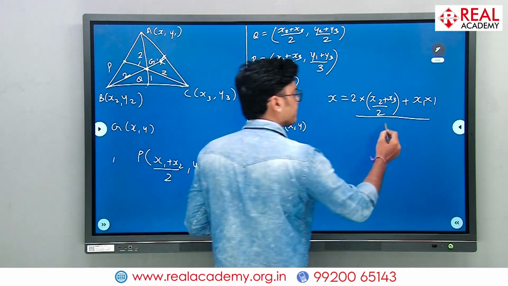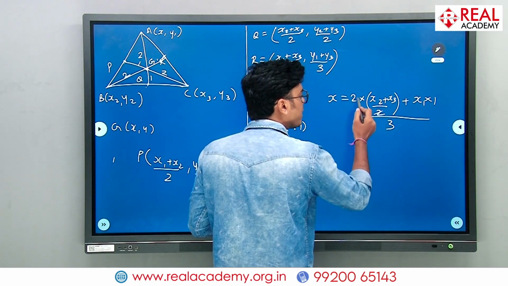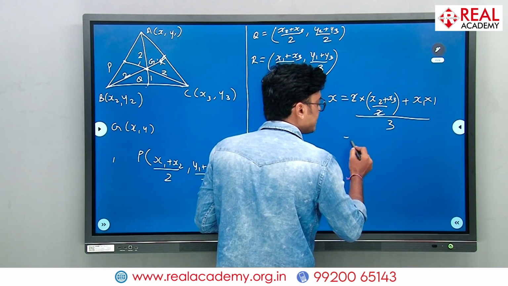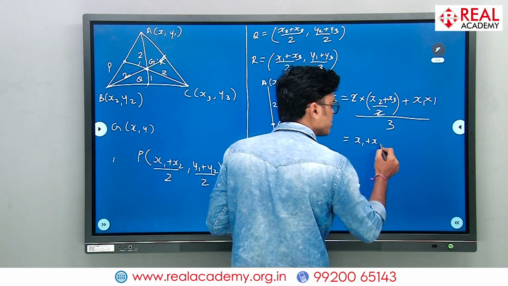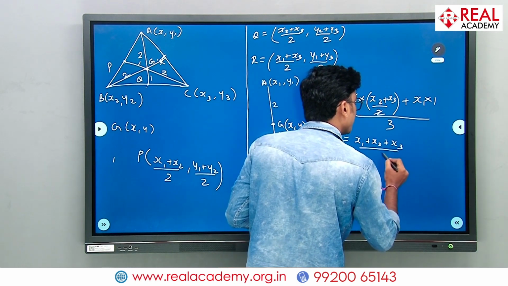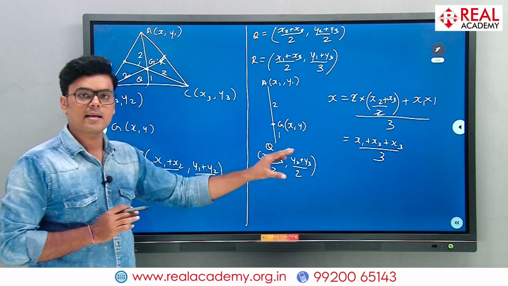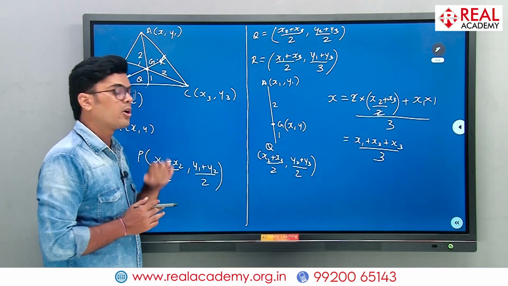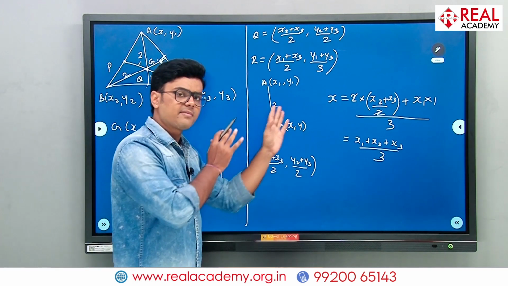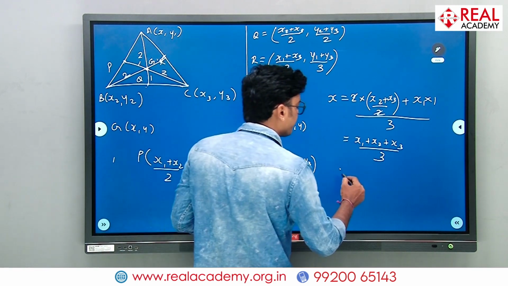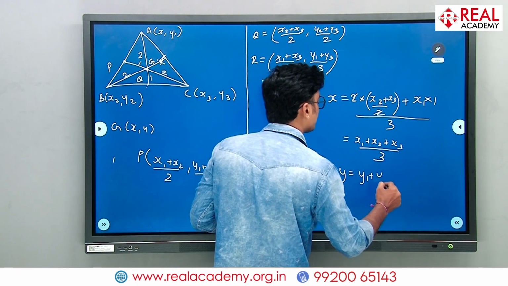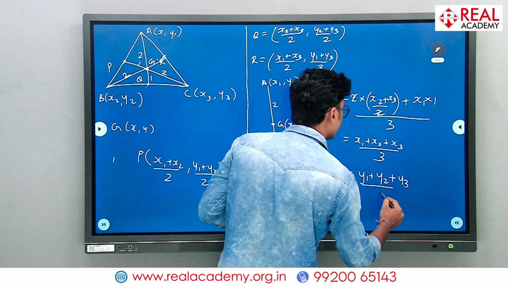That is 3. Now clearly 2 and 2 is getting cancelled. And the result is just x1 plus x2 plus x3 divided by 3. This is the x coordinate of the centroid of this triangle. Similarly, in the very same manner, y coordinate will be y1 plus y2 plus y3 by 3.